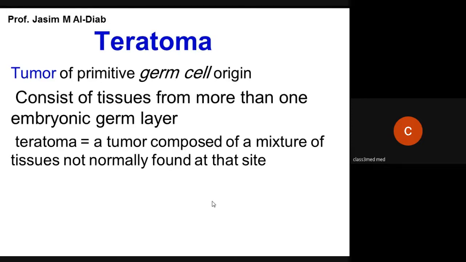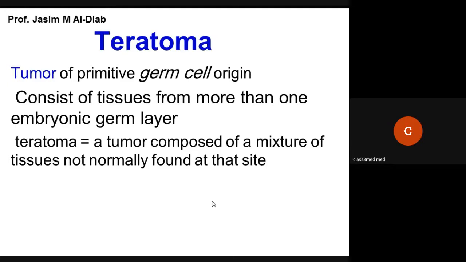So the teratoma is a germ cell tumor. It arises from more than one embryonic germ cell layer and is composed of tissues which are normally not present at the affected site, unlike hamartoma, whose tissues are normally present at the affected site.